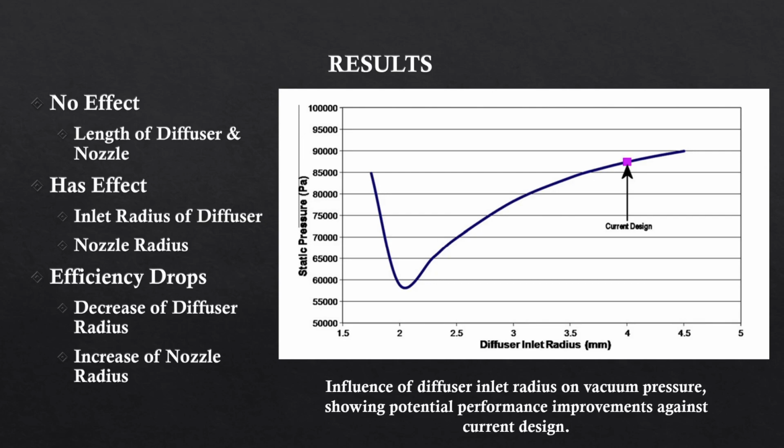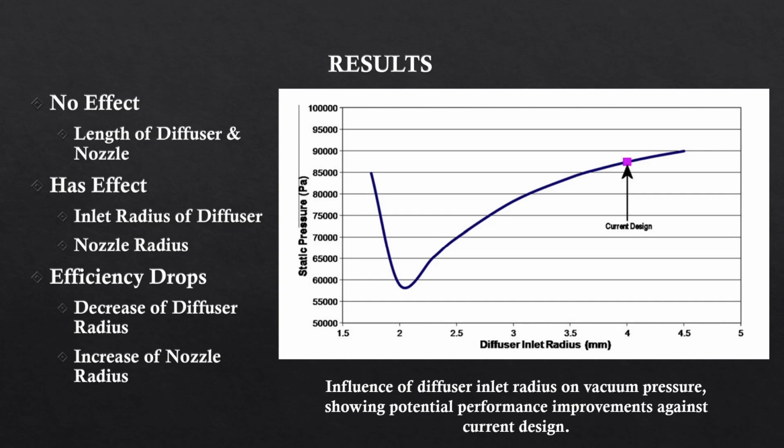Once the calculations were done, they determined that the inlet radius of the diffuser and the nozzle radius offered up to 300% improvement in vacuum pressure, while the length of the diffuser and nozzle didn't really affect the pump performance at all. However, when you decrease the diffuser radius or increase the nozzle radius, it causes the efficiency to drop.